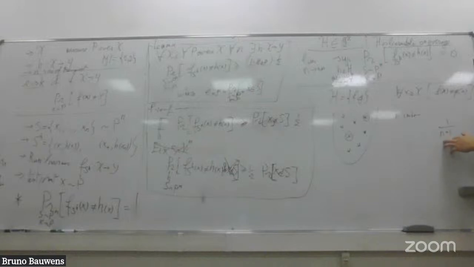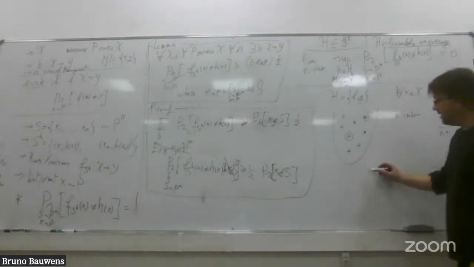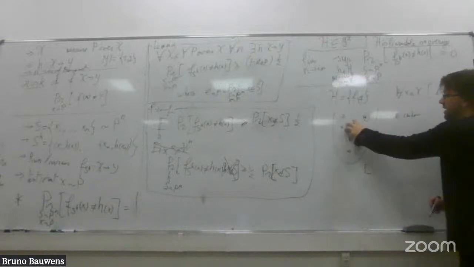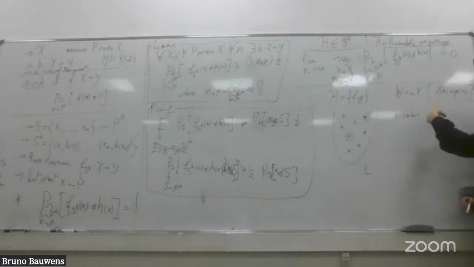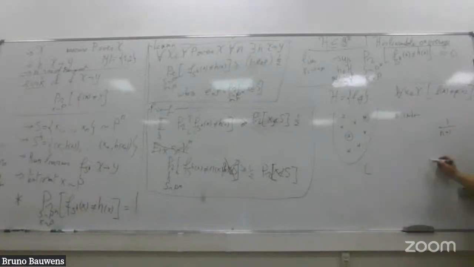So how does it work? Let us pretend that instead of drawing n candies for the tasters and 1 for the king to eat, let's first draw n plus 1 candies.